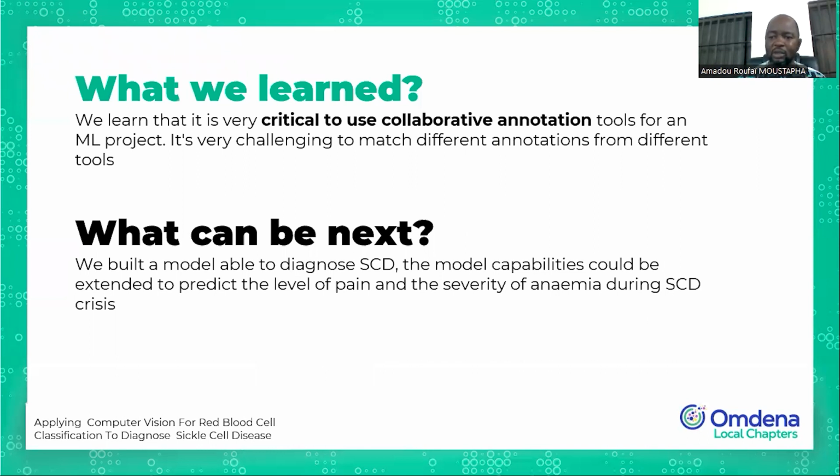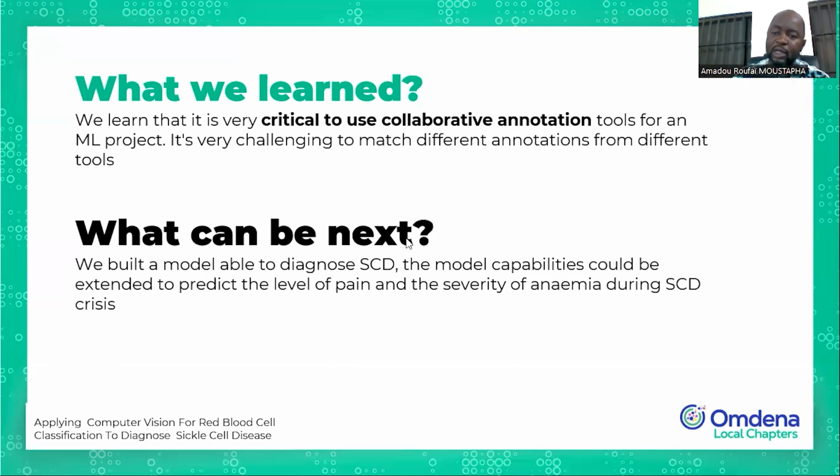We had some issues, but we resolved them, but it was very hard for us, and it gave us some extra work to do in order to finalize our project. So in our next project, we will use a collaborative annotation tool, in which the members are going to annotate the data set in collaboration.